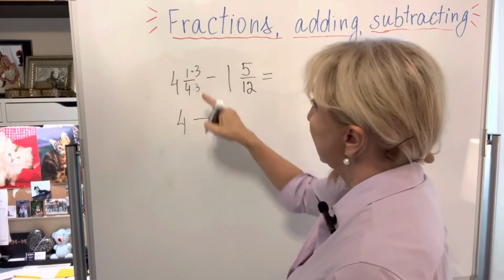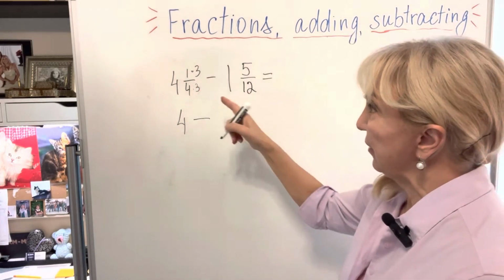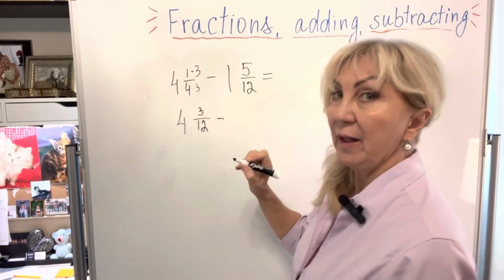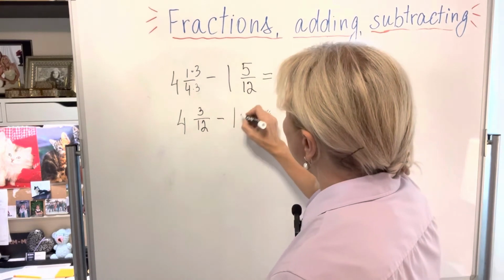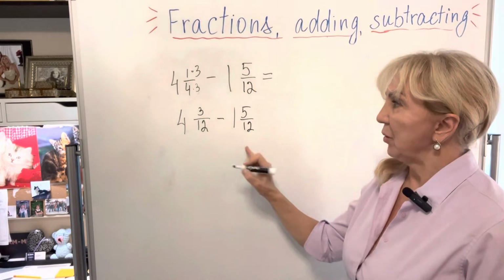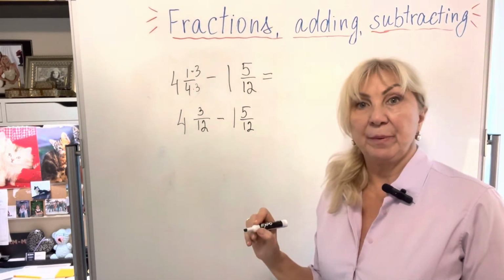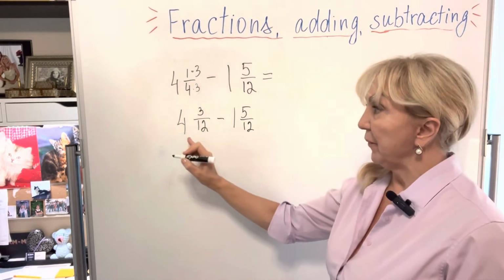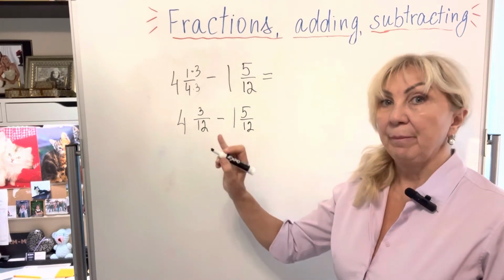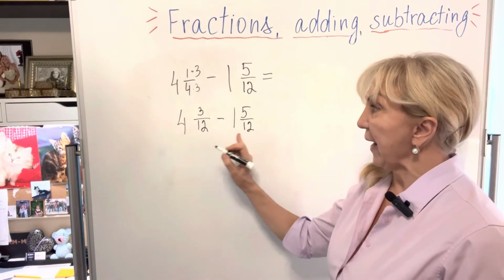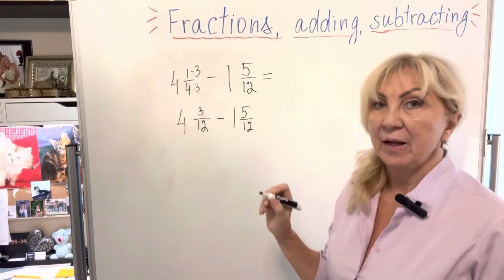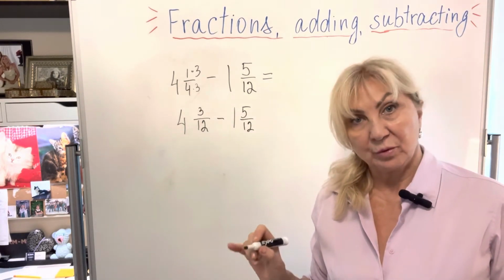So I rewrite it as an equivalent fraction, 3/12, subtract 1 and 5/12. If we applied the previous method, subtracting the whole parts is no problem, but subtracting the fraction parts, 3 subtract 5, we cannot do that.